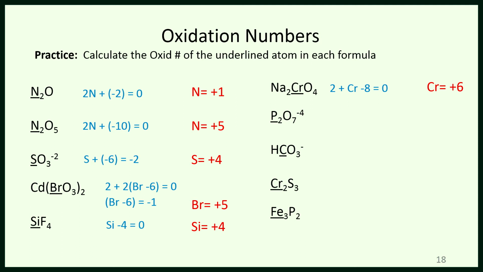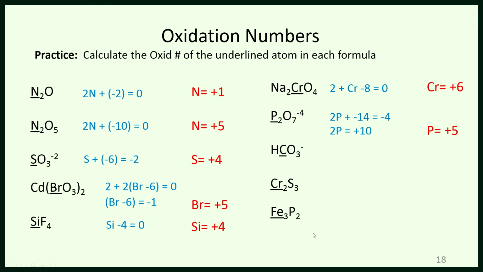Here's P2O7 4-minus. For this I can write 2 times the oxidation number of phosphorus, subtract 14 for the 7 oxygens equals the charge of -4. Rearranging and solving for phosphorus, you find that phosphorus is +5 oxidation state. Next we have bicarbonate.